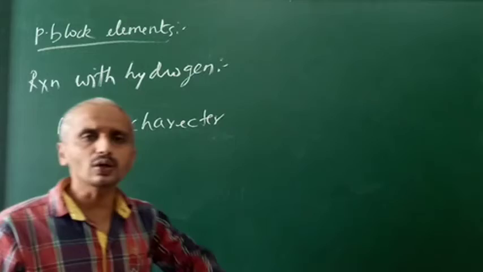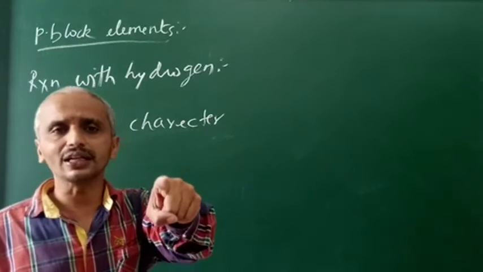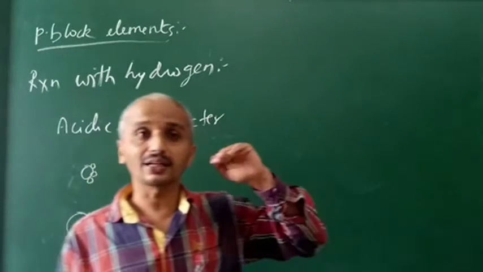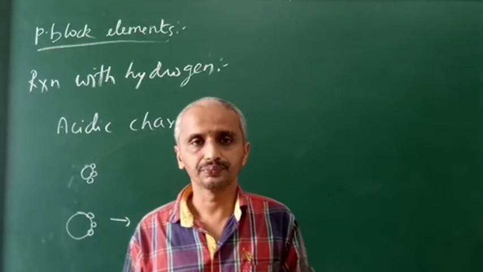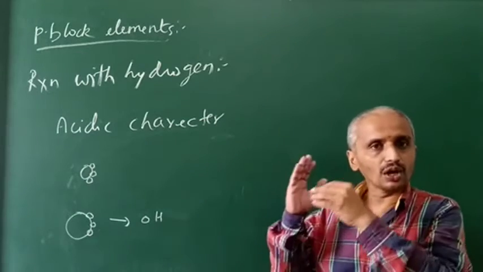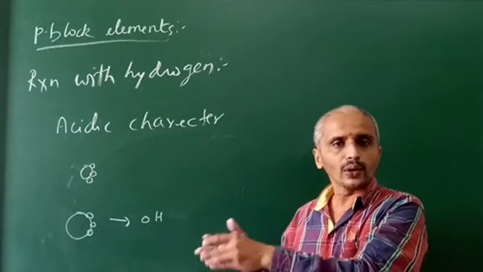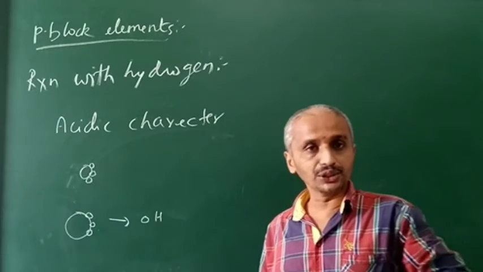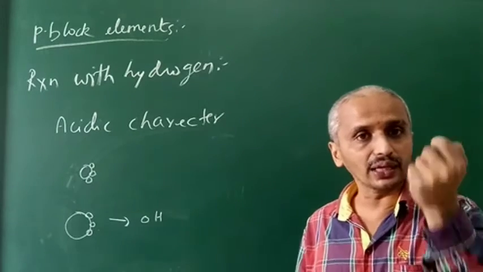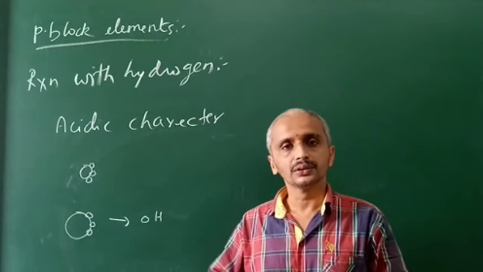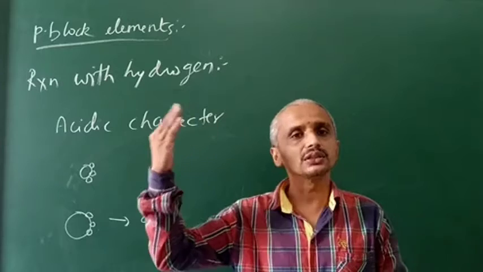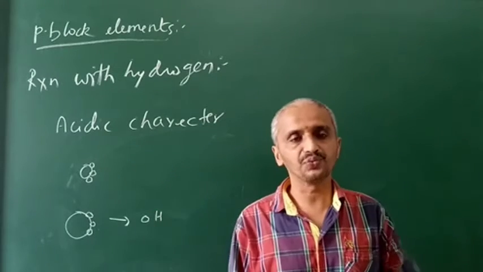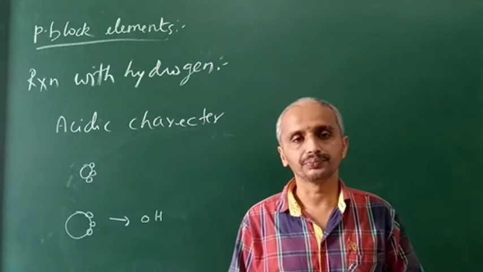Therefore, down the group, acidic character increases and basic character decreases. Ammonia is the stronger base, whereas BiH3 is the weaker base. But ammonia is a weaker acid, and BiH3 is the stronger acid if you consider acidic character.